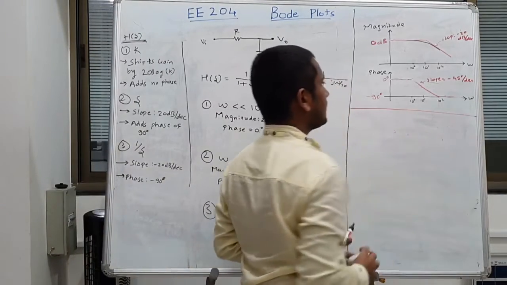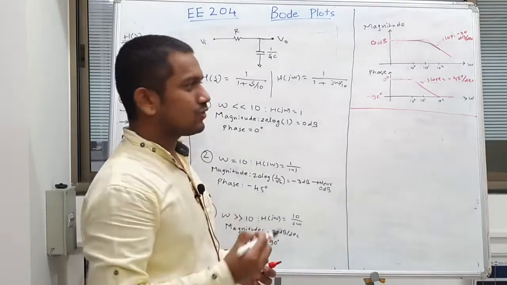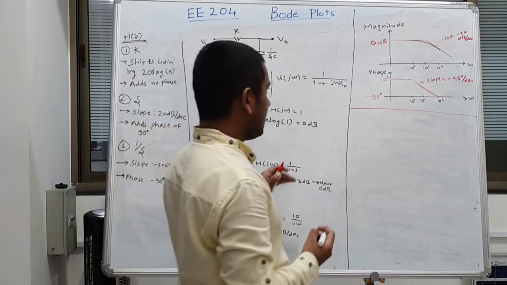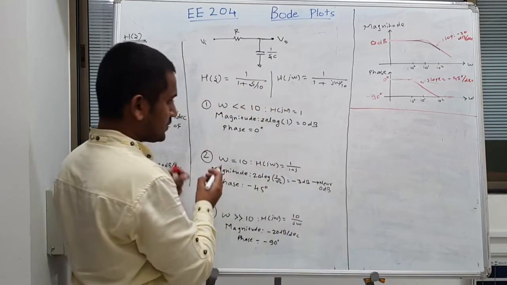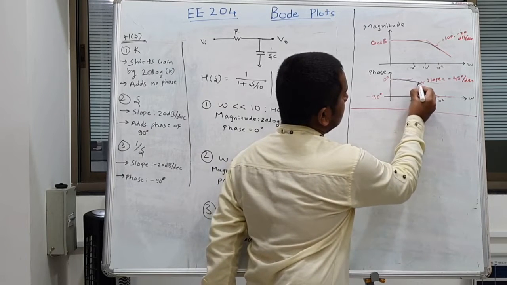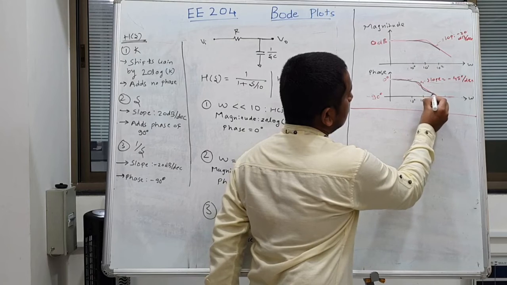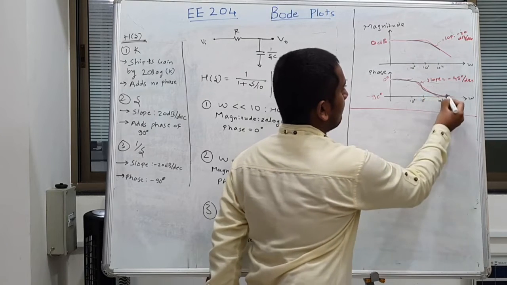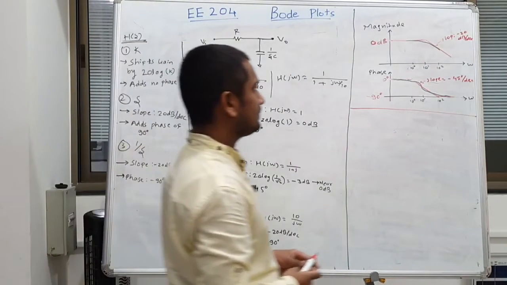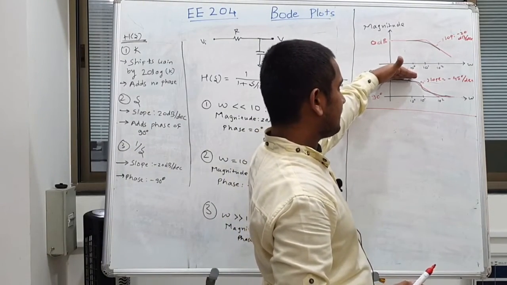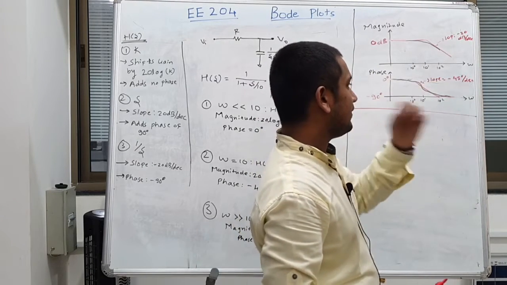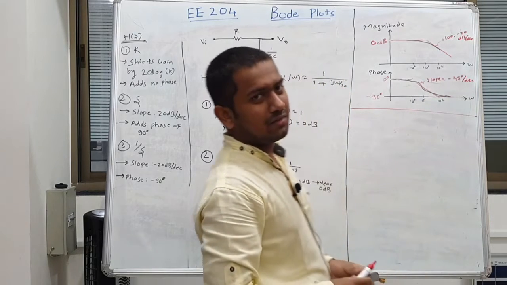In reality, if we draw tan inverse of theta using the actual transfer function, it will have a curve something like this. But for hand analysis, we can quickly tell that it stays near 0 degree, it drops with 45 degree per decade, and then it stays at minus 90 degree when it reaches 10 times higher frequency than the pole frequency.